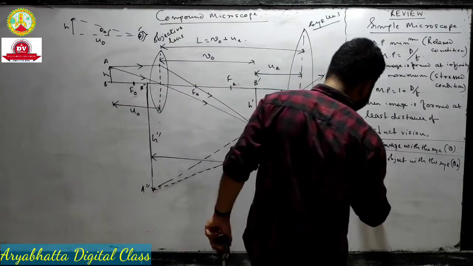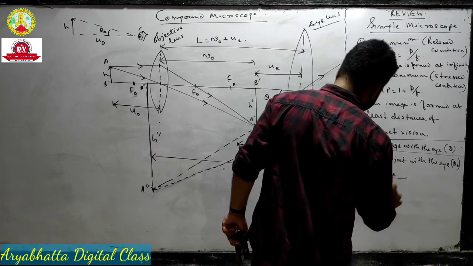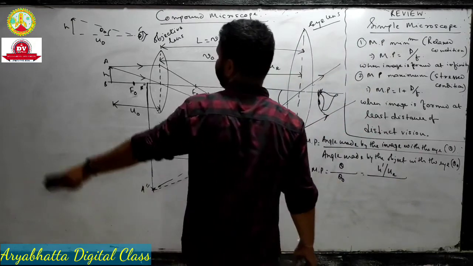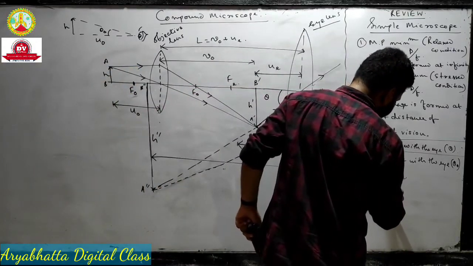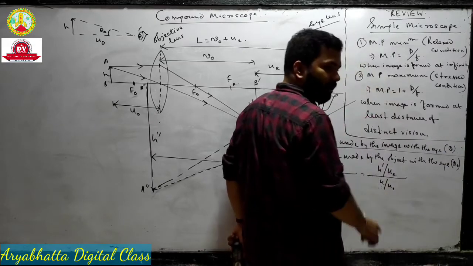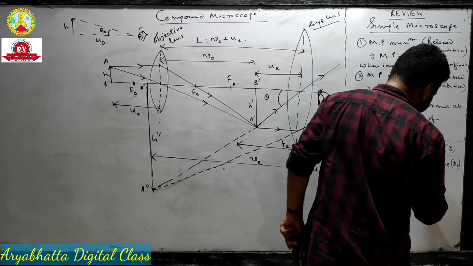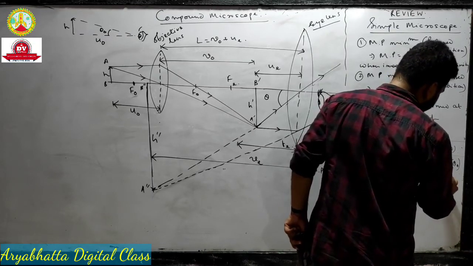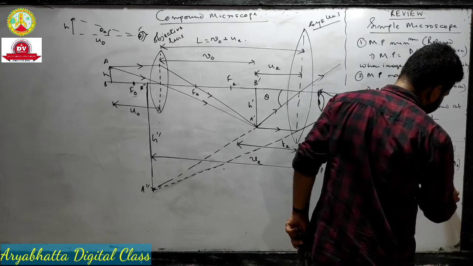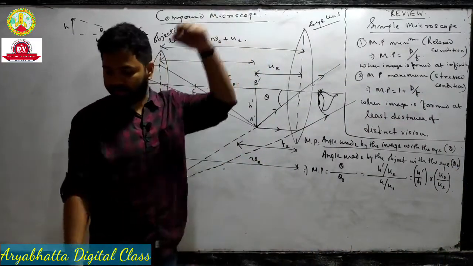So theta will be h dash divided by ue and theta naught will be perpendicular by base, that is h divided by u naught. You do the simplification here, it will be h dash by h into u naught divided by ue. Okay, u naught divided by ue.